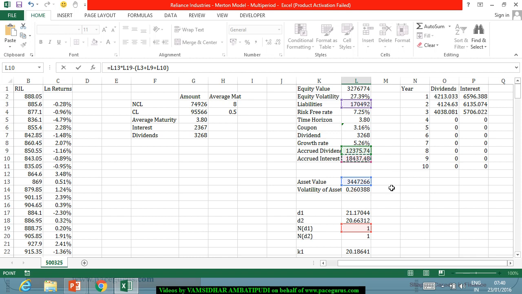So this is X times e power minus rt, where T is 3.8 years. So X e power minus rt times ND2.